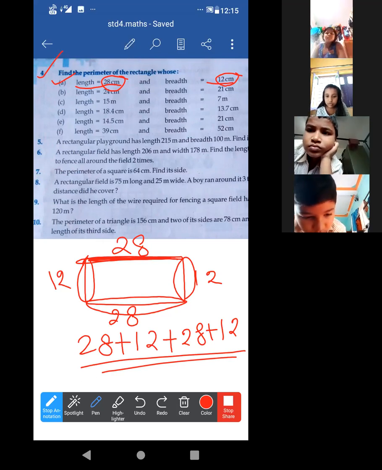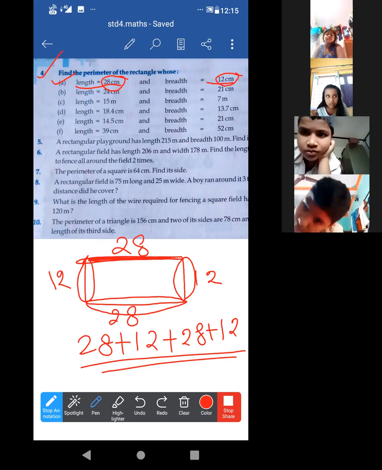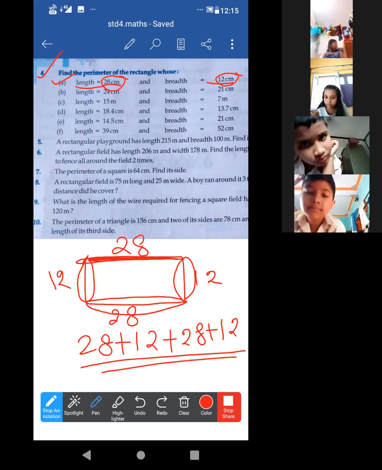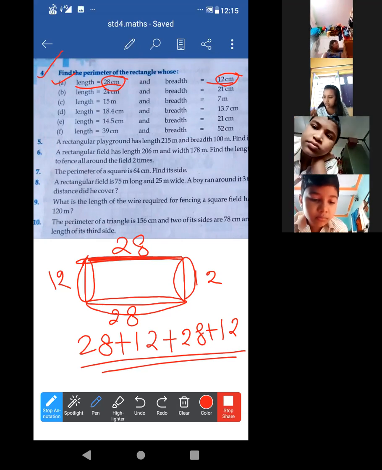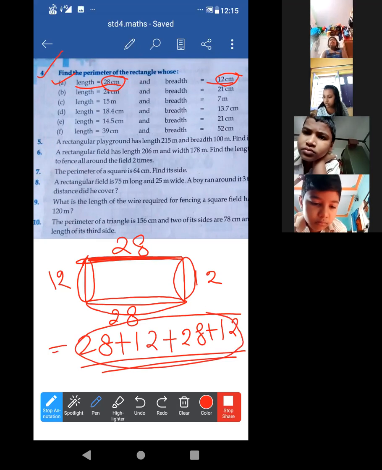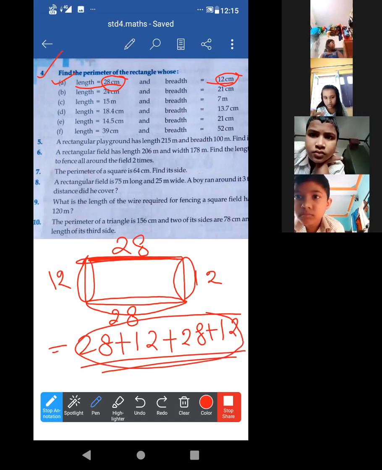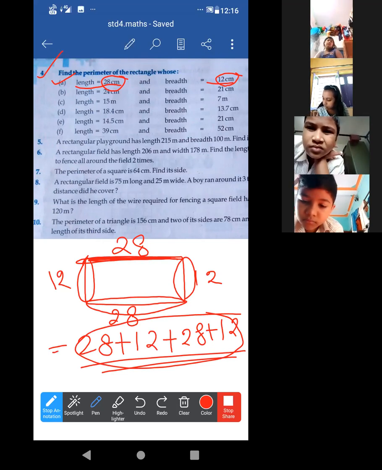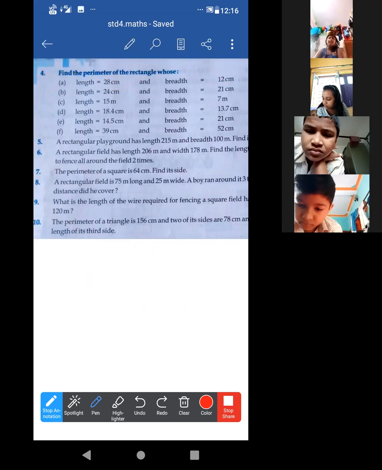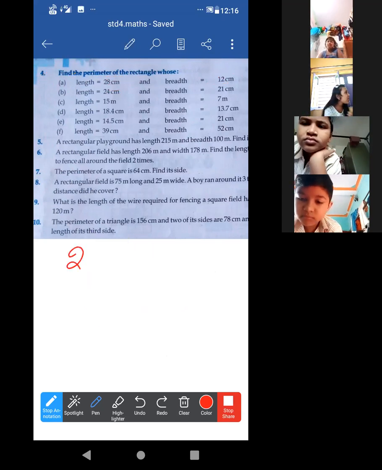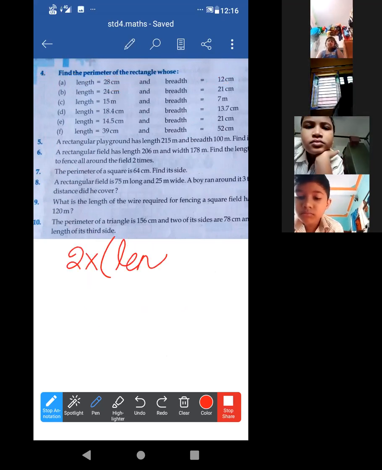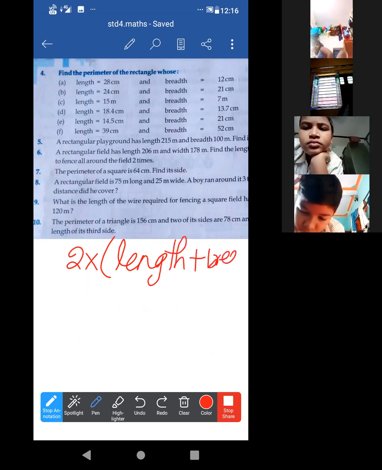So the thing is, instead of adding them, as we have learned about the formula, we can use the formula, yes or no? That formula I explained yesterday, 2 into length plus breadth. So we can use this formula.